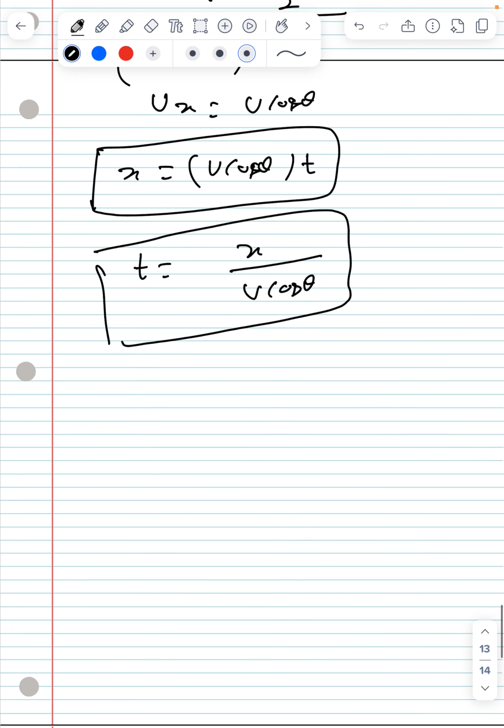And uₓ = u cos θ, so x = u cos θ multiplied by t, and the other term becomes 0. This is the horizontal component, the x coordinate of the particle, and the value of t = x divided by u cos θ.